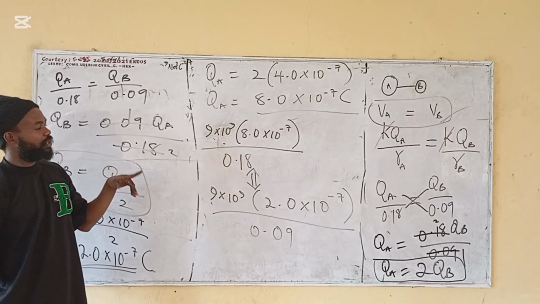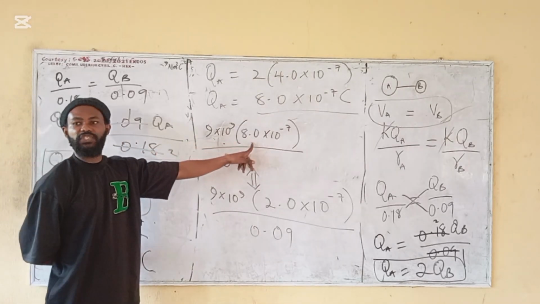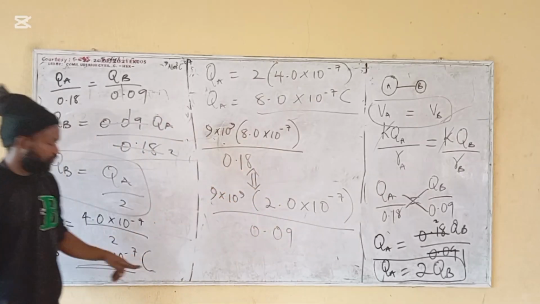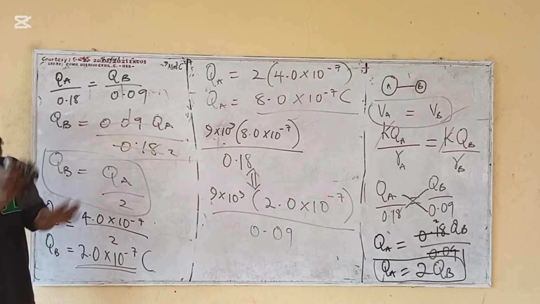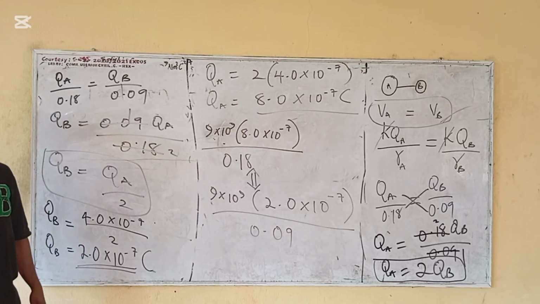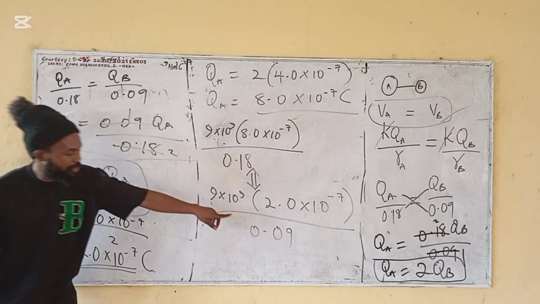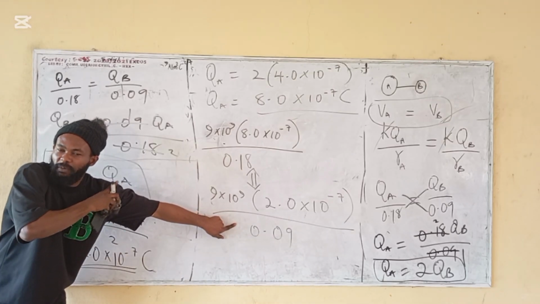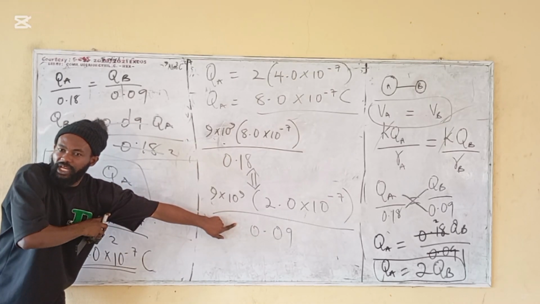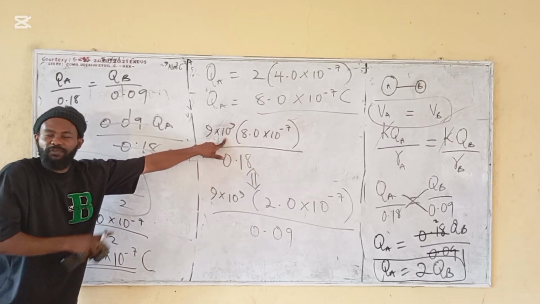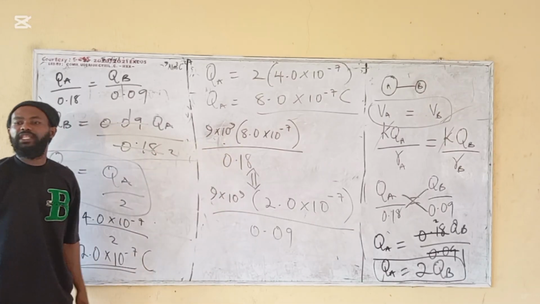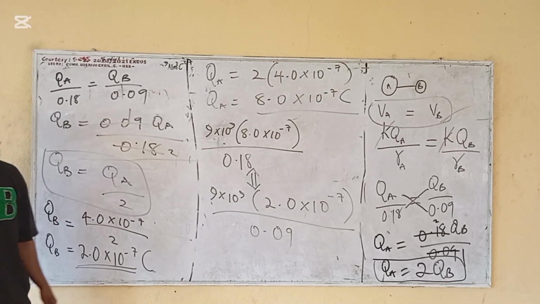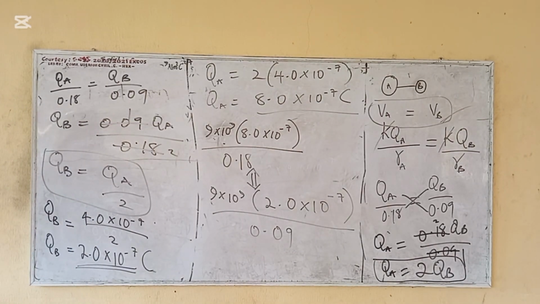So because the final charges are in this ratio, their voltages have changed. This 20,000 is now equal to the voltage we got for B before the wire was connected, and this one is now equal to the voltage we got for A before the wire was connected. I don't know if it's making sense to you. I'm thinking of how I should put it so that you understand.